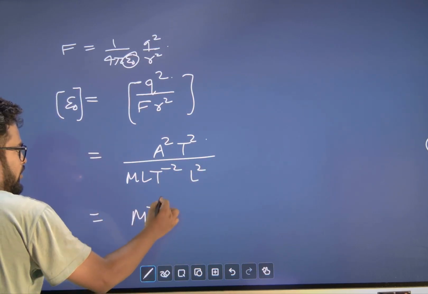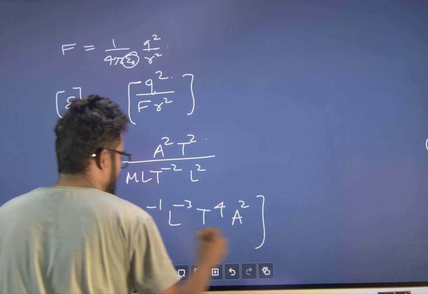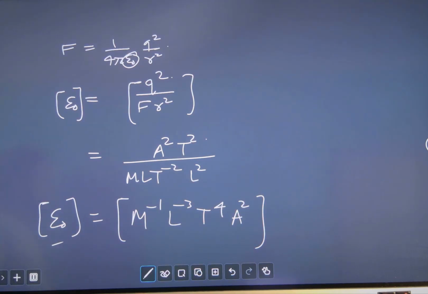So it would become M^-1 L^-3 T^4 A^2. This is the dimensional formula of permittivity of free space. Again, you do not need to remember all of these things. If you are able to connect it quickly, that would be okay.